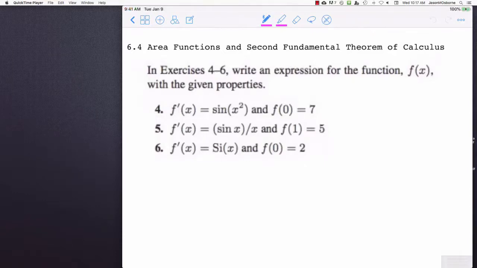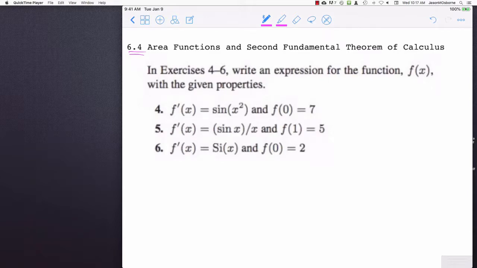In this video, we look at some typically phrased problems from section 6.4, area functions, and the second fundamental theorem of calculus. Here are several typically phrased problems.